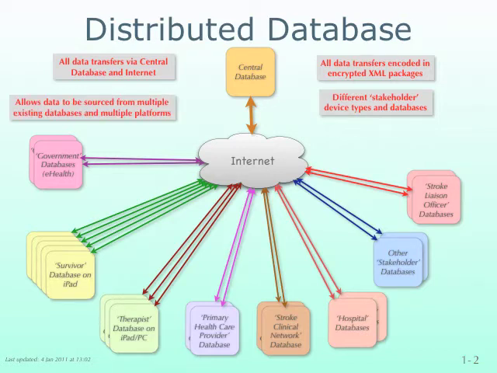This overall architecture allows data in the central database to be sourced from and accessed by a wide variety of existing computer systems and databases, including medical record databases in hospitals and any government-controlled databases associated with future e-health systems.